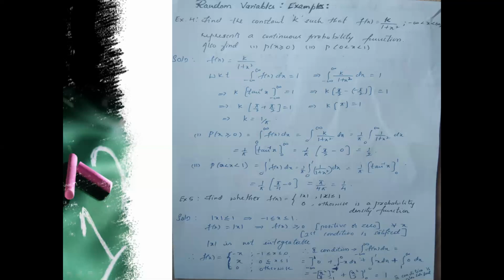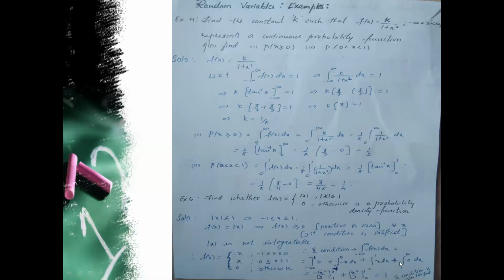Now integration from minus infinity to plus infinity of f of x dx must be equal to 1. So I'll consider that. We'll split this minus infinity to plus infinity as minus infinity to minus 1, then minus 1 to 0, then 0 to 1, and then 1 to infinity.